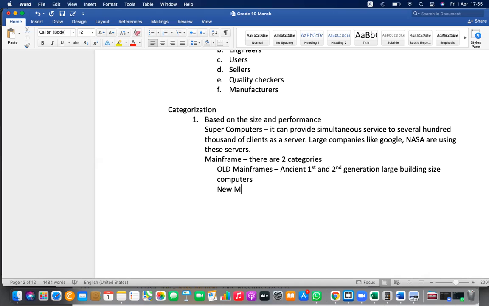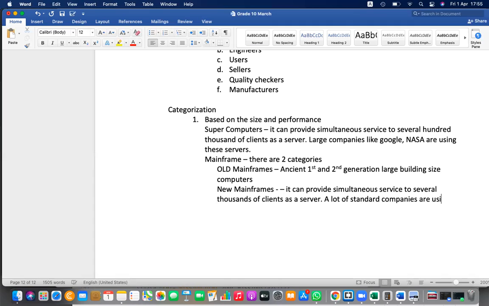New mainframes. New mainframes can basically provide service to several thousand users, not lakhs, but several thousands of clients as a server. A lot of companies are using these as servers.